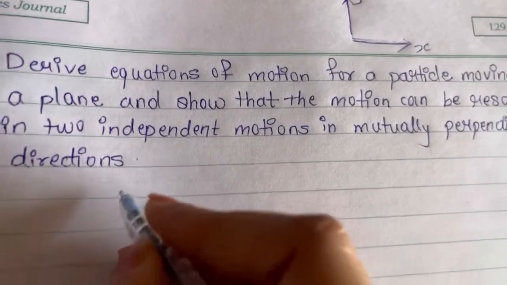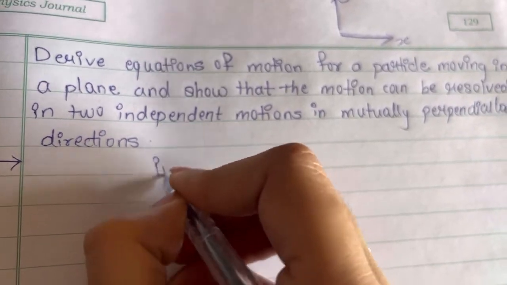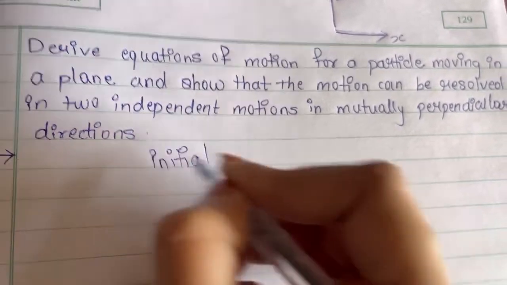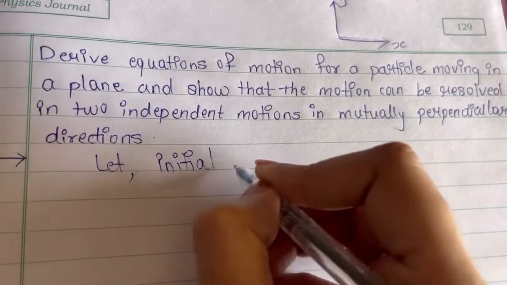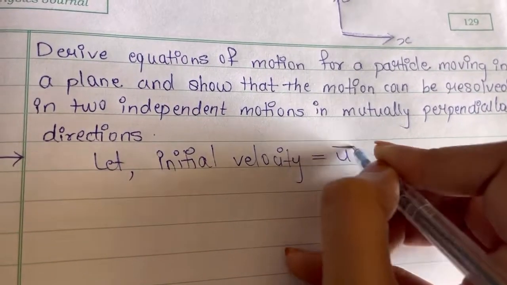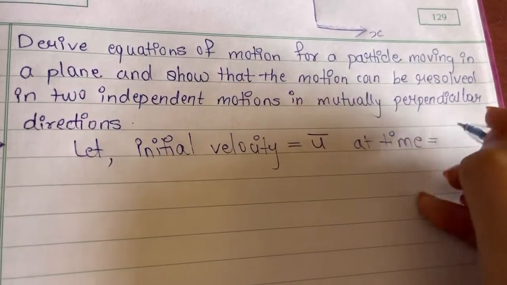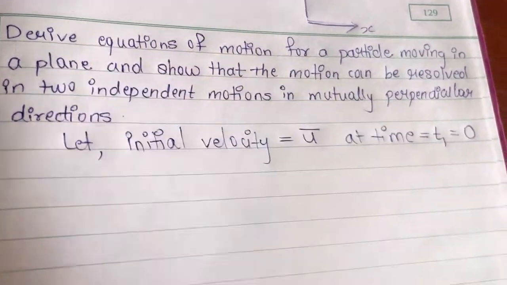So we will have to specify velocities. Here we'll start with: let the initial velocity be vector u at initial time, which I'll call t1 equals 0.